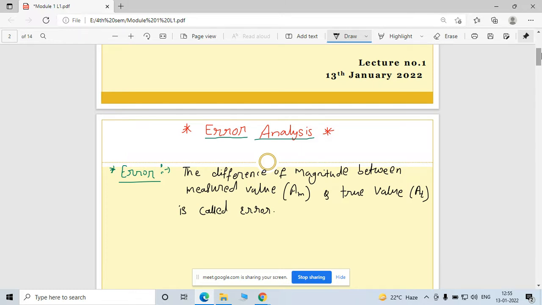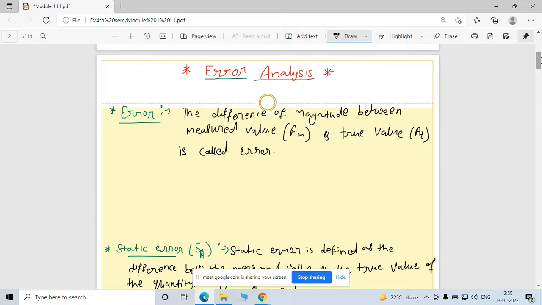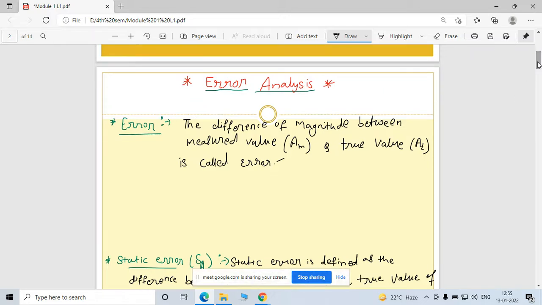Now, first of all, see here. What do you mean by error? Error is nothing but the difference of magnitude between the measured value and the true value. Simple. Whatever quantity you want to measure, for example in a voltmeter you are going to measure voltage, right?